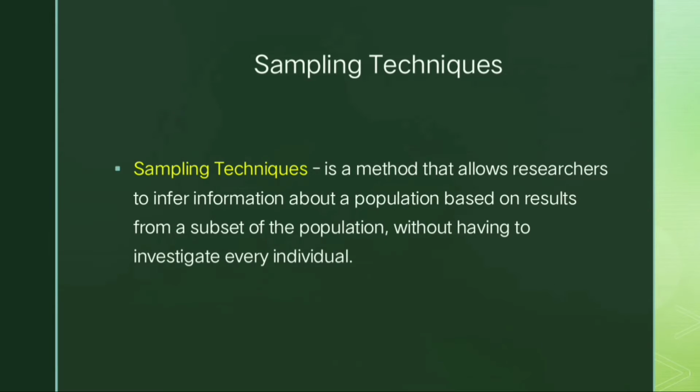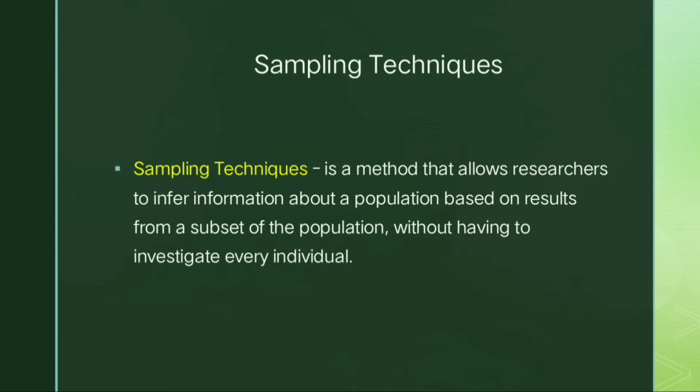So next is sampling techniques. What are sampling techniques? It is a method that allows researchers to infer information about the population based on the results from a subset of the population without having to investigate every individual.